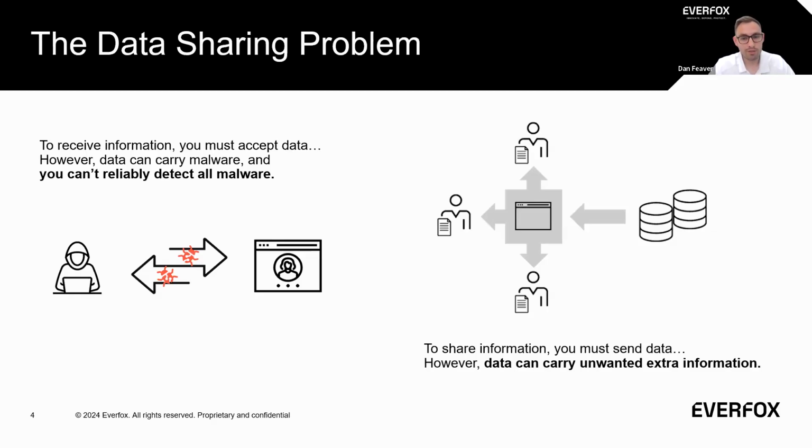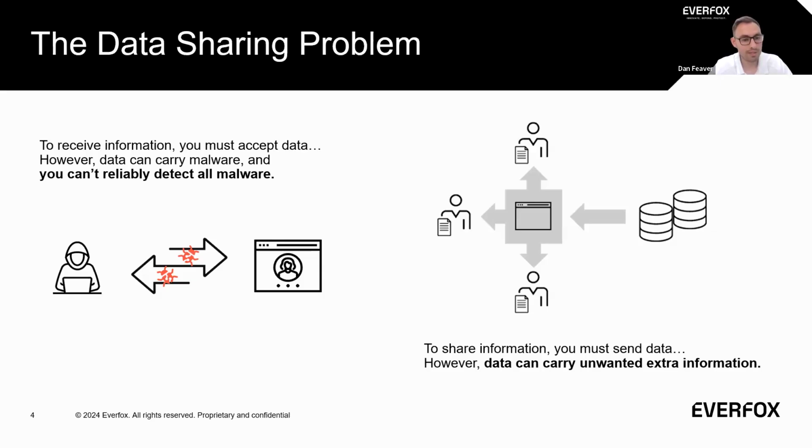Then if we look at the export of data, so sending data from a higher classification to a lower classification, for example, you are concerned that the information within that data could also contain extra information, things that you may not want to leave that domain.